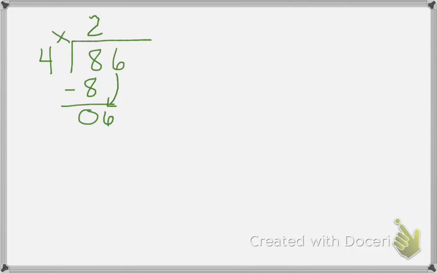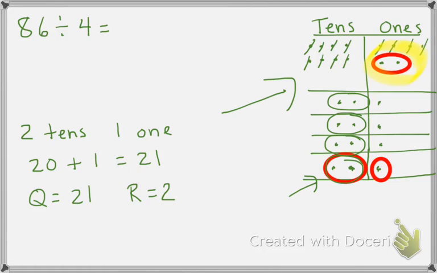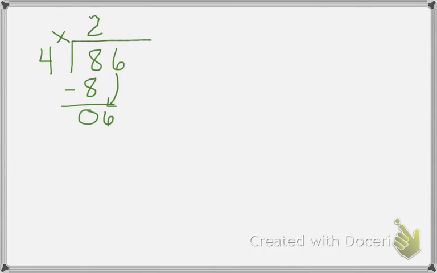And now we're going to do the same thing we did before, where we looked at our ones next. And we took our 6 ones and we divided those 6 ones into 4 equal groups down below here. We're going to do the same thing here. We're going to take our 6 ones and divide those into 4 equal groups.